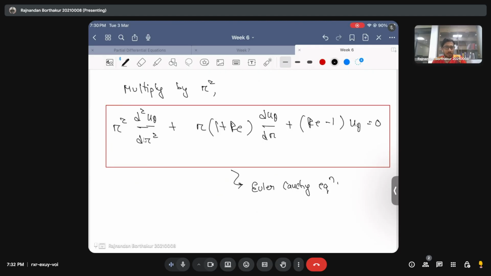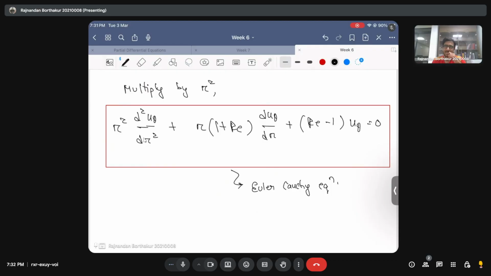I believe we also saw this equation when we were trying to solve for the time periodic pressure driven flow in a cylindrical channel, where the equation governing u hat of r came out to be an Euler-Cauchy equation.